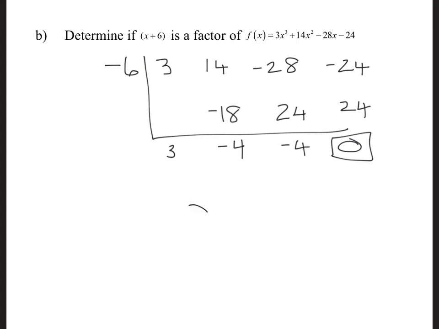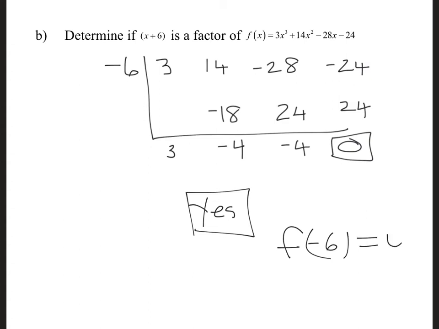The remainder is 0, so we say yes, it's a factor. Why? Because f of negative 6 is equal to 0, or the remainder is 0.